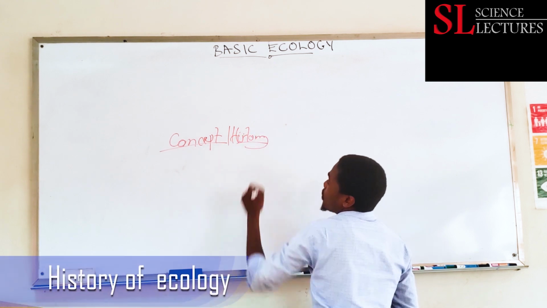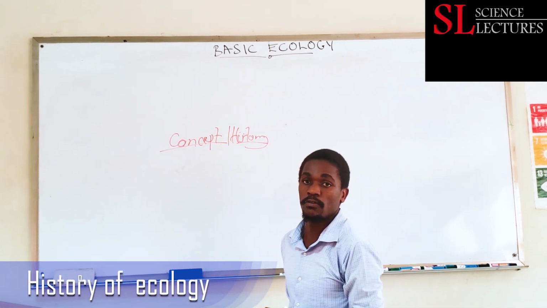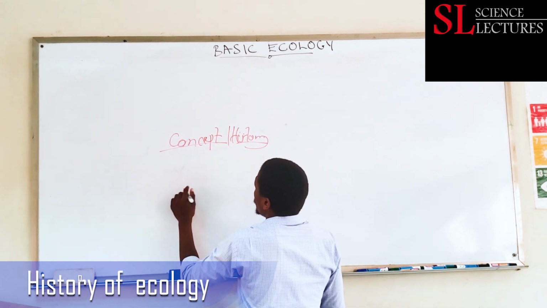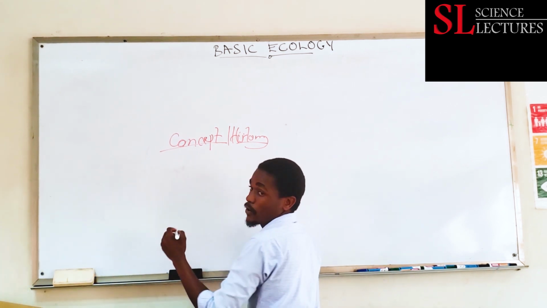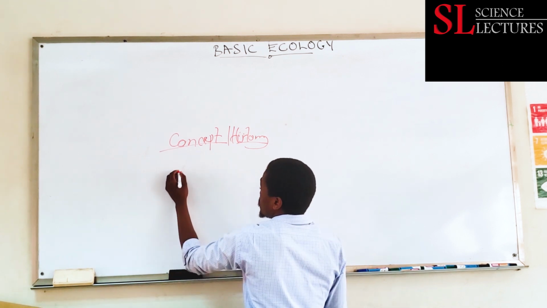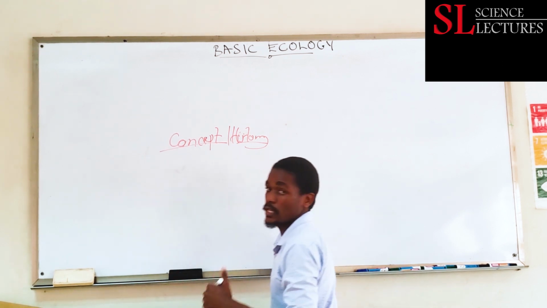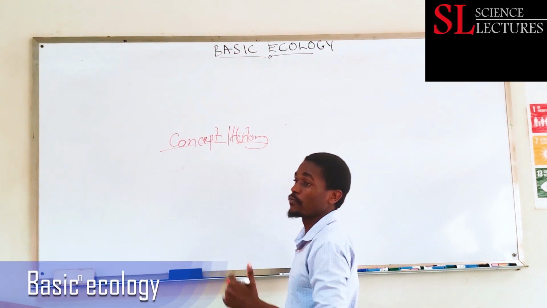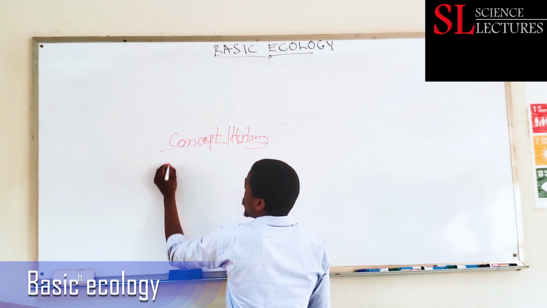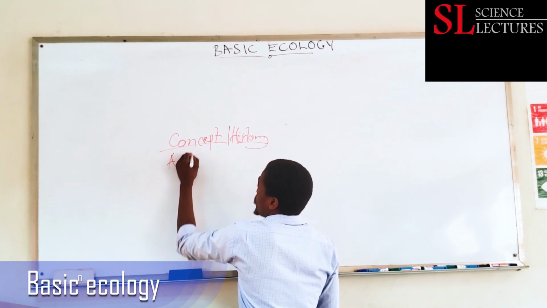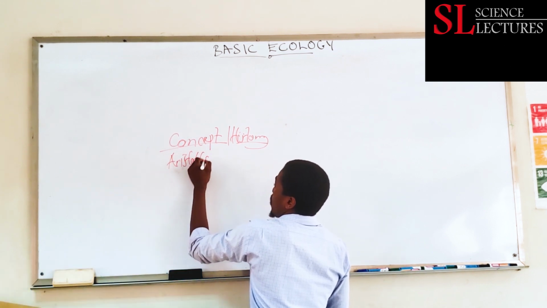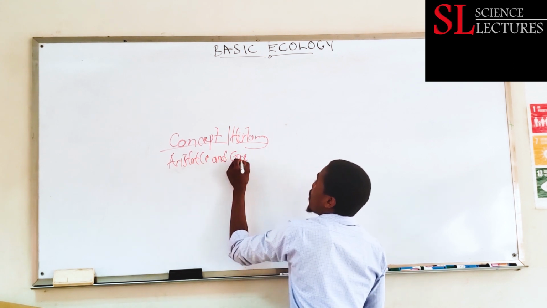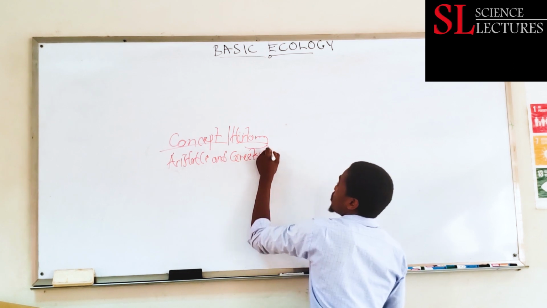It will include the origin of the term ecology. Initially, ecology was studied by early scientists. The first scientists who published articles or had references to ecology were Aristotle and the ancient Greek philosophers.